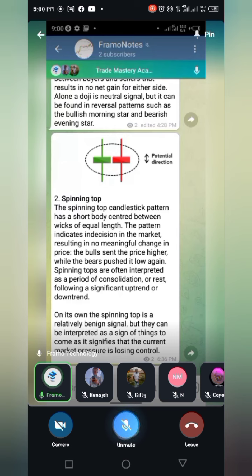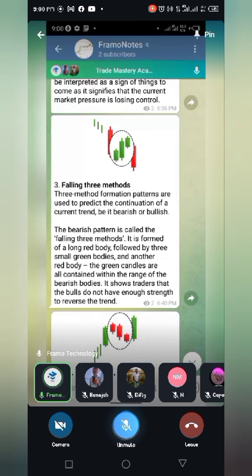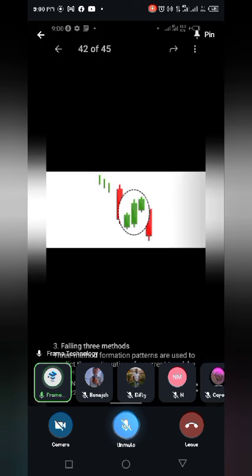Then we have the three methods. They are also continuation patterns. When we see falling three methods, they are bearish continuation patterns. From the image, you could see there is a downtrend.